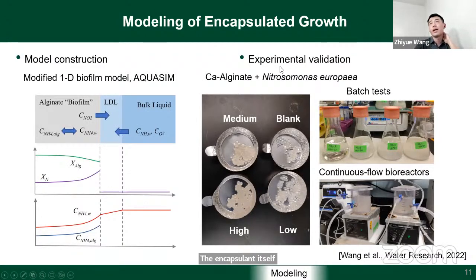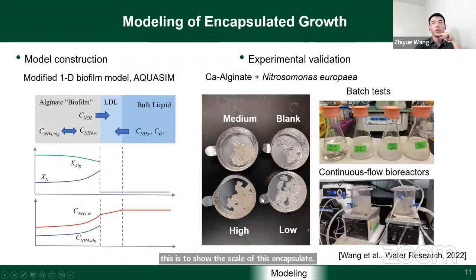With experimental design, we used a pretty simple system: calcium alginate as the encapsulant, and a pure culture of Nitrosomonas europaea as the studied microorganism inside. And this is to show the scale of this encapsulant. We made it with the diffusion preparation method.